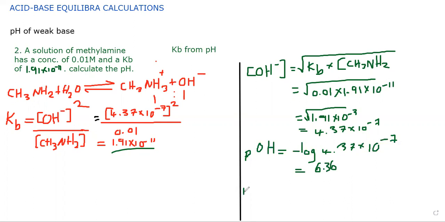And so now pH is equal to 14 minus pOH, which is 6.36. That's 7.64. All right, so there you have it.